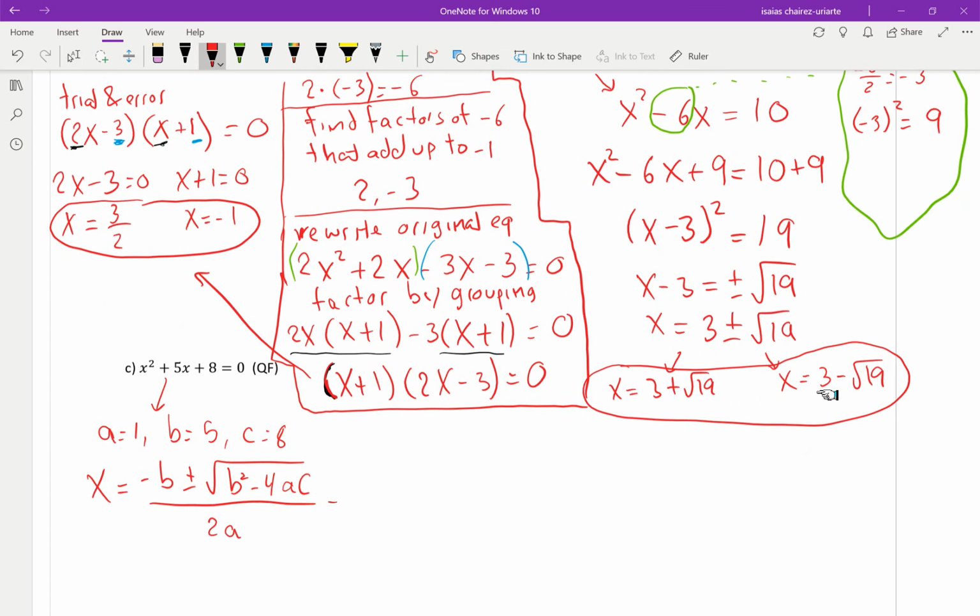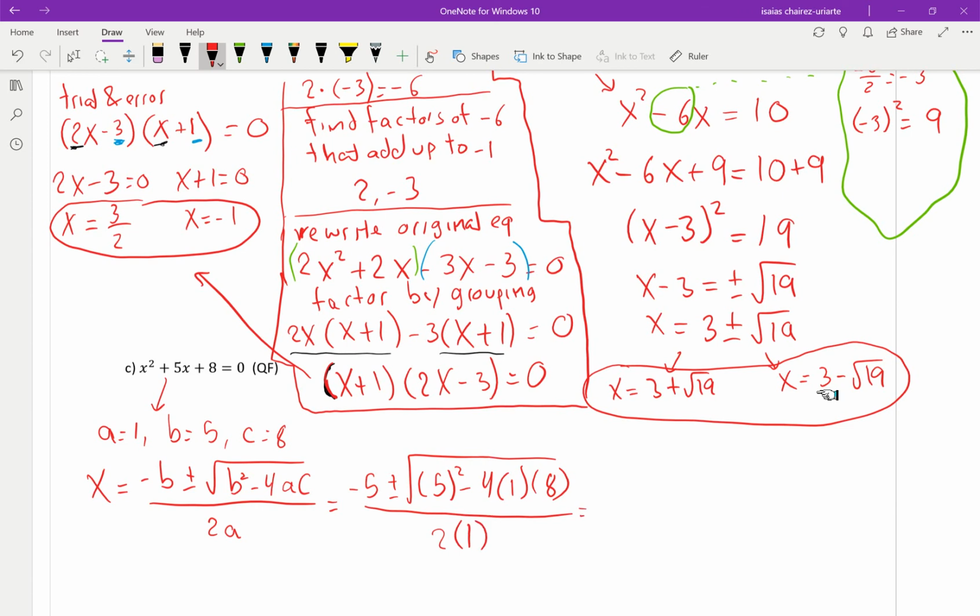Well, in our case that's going to say negative 5 plus or minus the square root of 5 squared minus 4 times 1 times 8, over 2 times 1.